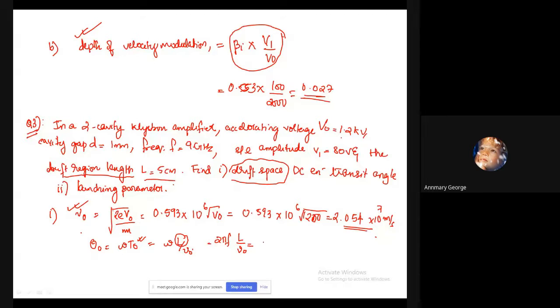Substitute all parameters: 2 pi into 9 into 10 raised to 9, since it is 9 gigahertz, into 5 into 10 raised to minus 2, by 2.054 into 10 raised to 7. What will be the answer? 152.9 radians.